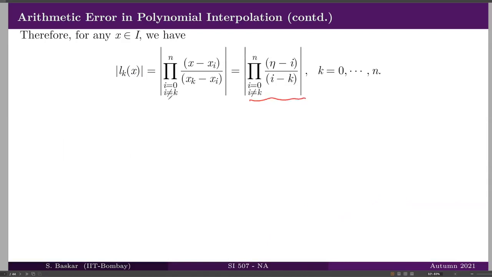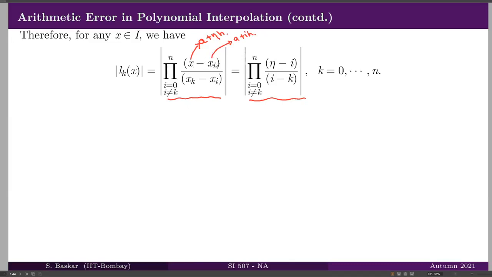If you recall, the Lagrange polynomial Lk of x is given by this expression. Now I'm putting x is equal to a plus eta h and xi as a plus ih.